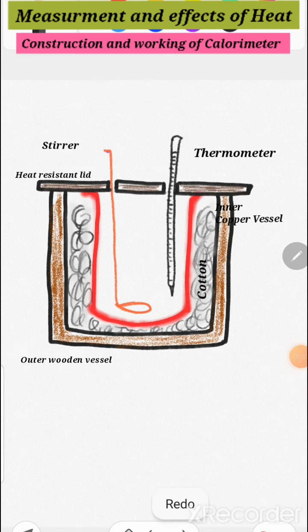Let us discuss the working of a calorimeter now. Water is first placed in the calorimeter. Initially, the temperature of the inner vessel and that of the water is the same. When a hot object is placed in the water, heat will be exchanged between the hot object, water and calorimeter, and all three will reach the same temperature after some time.